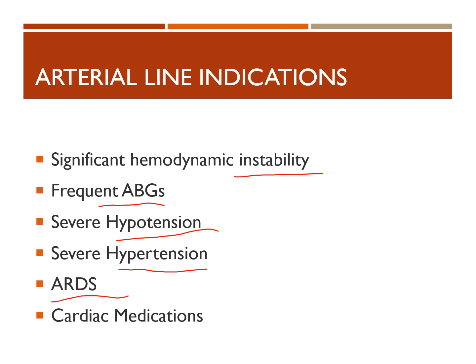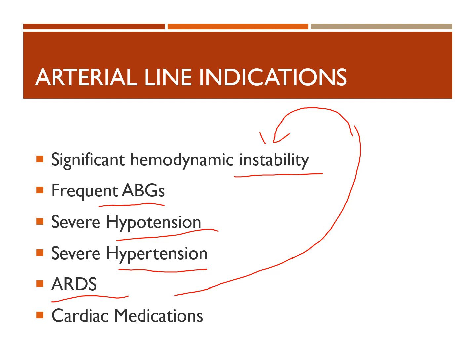ARDS, of course, for both of these, because a lot of these people in ARDS not only will have ventilation and oxygenation issues requiring frequent blood gases, but they most likely, especially since the number one cause of ARDS, according to your disease book, is sepsis, are also going to have significant hemodynamic instability as well.